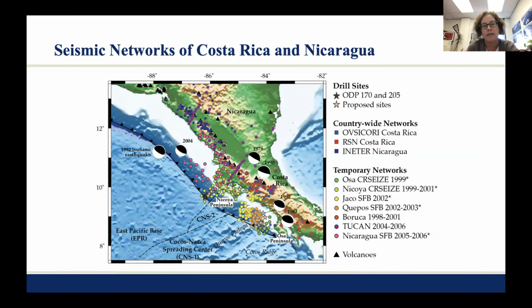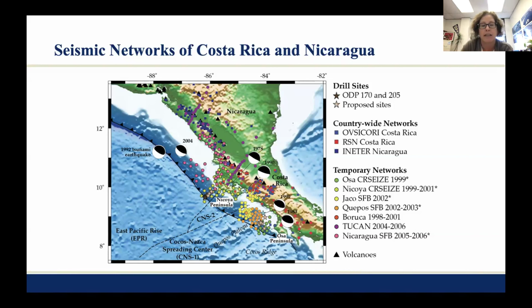And you can see with the circles, the collection of offshore instrumentation. So the NSF OBS experiments took place off of the Osa Peninsula, just to the north of the Osa Peninsula, and then off of the Nicoya Peninsula. And then the German OBS experiments took place off of Nicaragua and then in between the two NSF experiments.